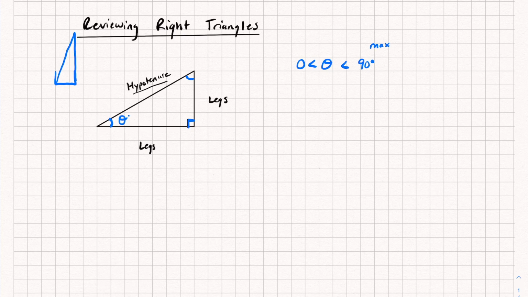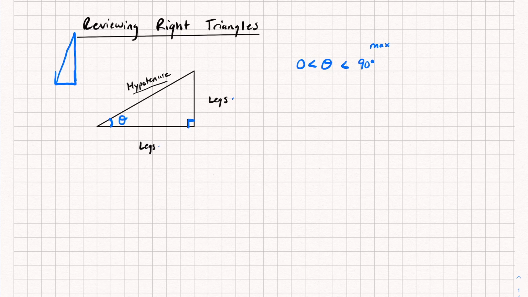Now, the second we start focusing on a specific angle, I can be a little bit more specific about which legs and which sides I'm talking about. Because if I just said look at the leg, you wouldn't know which one I was talking about.